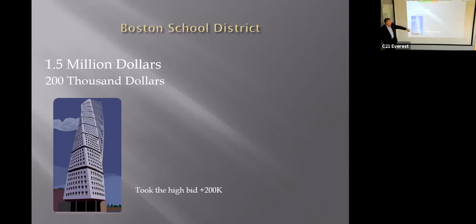On the 1.5 million, they took the high bid, okay? On the $200,000 item that they were discussing, they ended up taking the low bid. So they saved $10,000. They spent 57.5 minutes talking about this item and they saved $10,000. They spent 7.5 minutes talking about this one and they took the high bid.